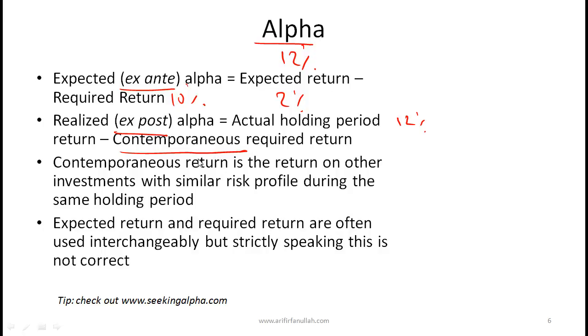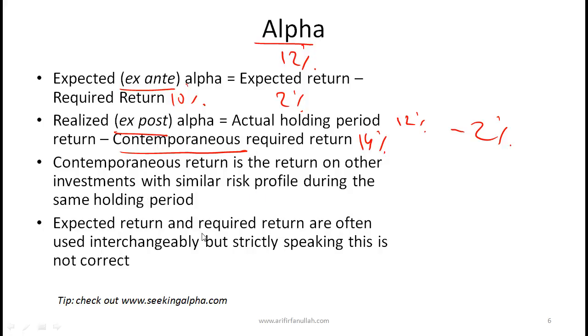If during that same period, other stocks of a similar risk gave a return of 14%, then your realized alpha is actually minus 2%. There are several questions which go over this concept at the end of the reading. So contemporaneous return is the return on other investments with similar risk profile during the same holding period.